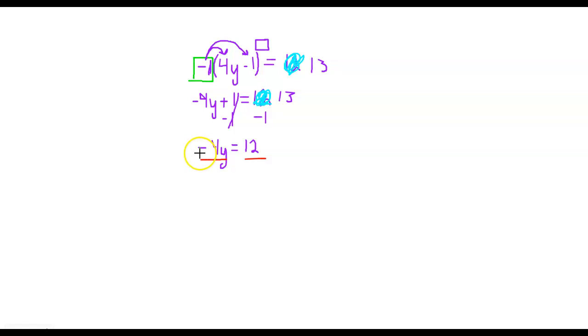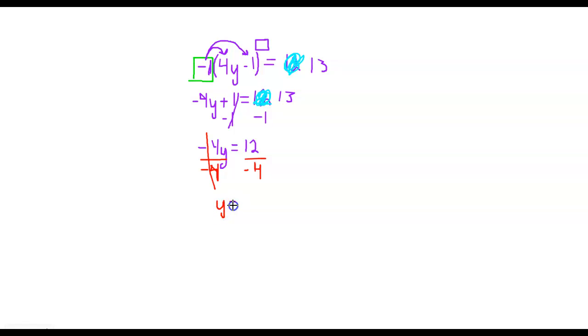What number, if -4 is divided by it, reduces it to 1? Well, that's just going to be itself. So -4. Okay? So -4 divided by -4 just gives me 1. So I'm left with y.